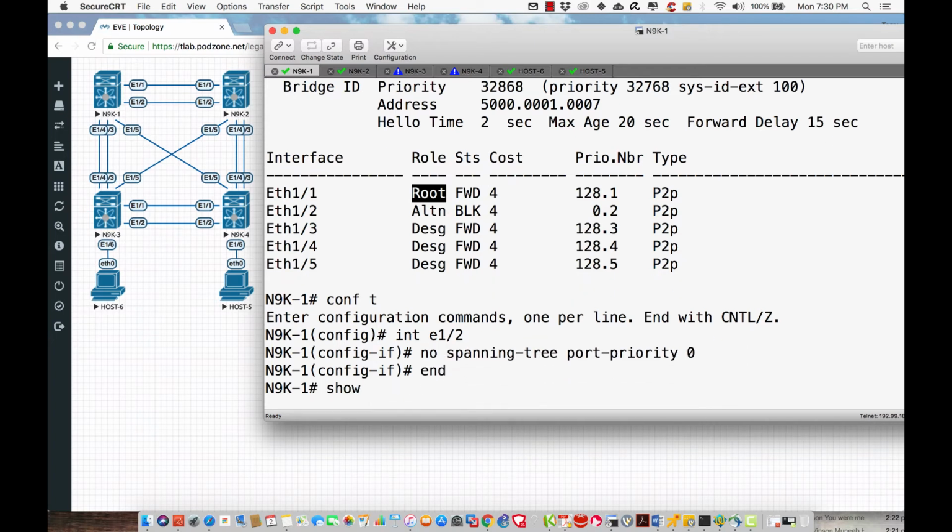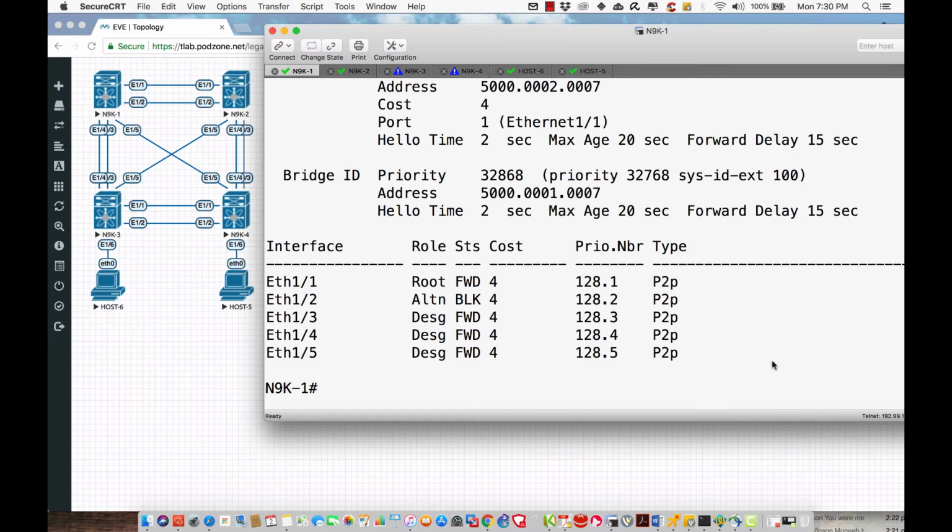Let's see if that corrected the issue. So if I say show spanning tree for VLAN 100, now we see it's 128 across the board, and we see that the root port was elected because 1 is less than 2. So we're right back to where we were.